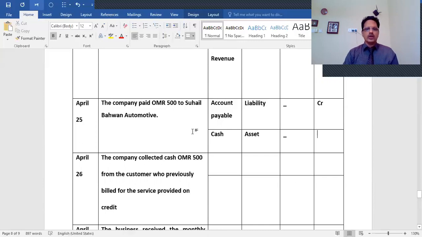Company paid Suhail Bhavan, your account payable liability decreases. Yes, here is a mistake.